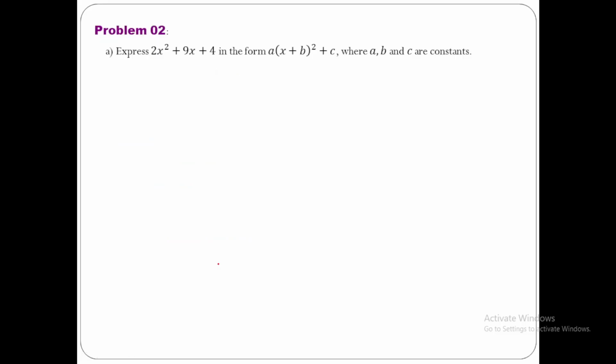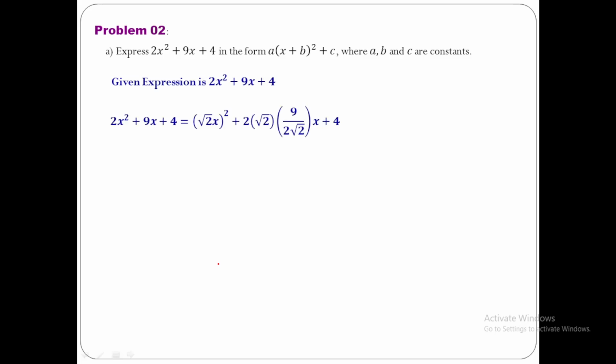Then we go with problem 2. This is also a similar question. First, we write the vertex form of the given quadratic equation. Here a is root 2 x, and for b we include 2 root 2 in the numerator and denominator.